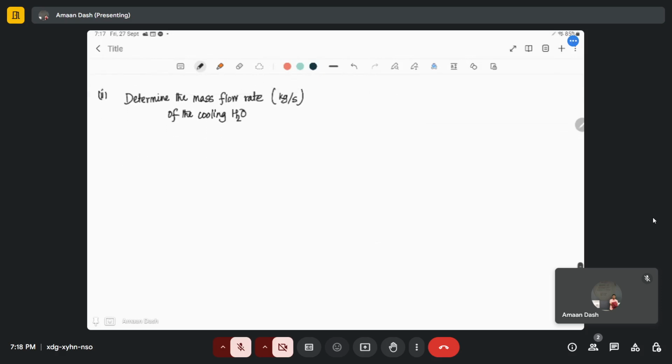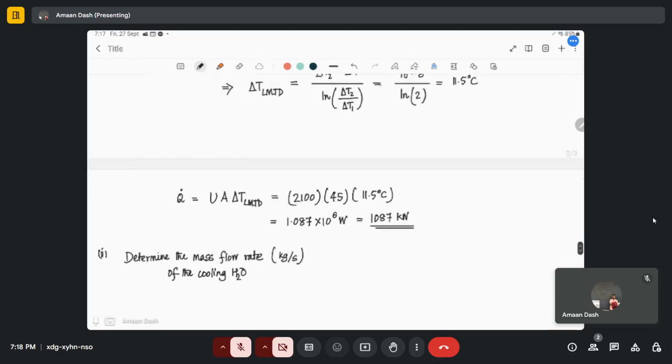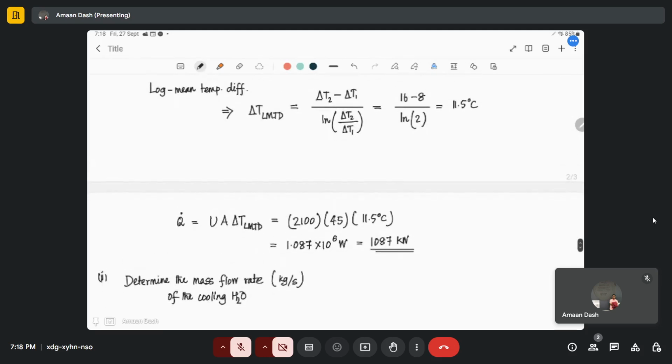You can try this and then we can discuss again. It's a little bit tricky, but it's easy. It's not very complicated, but just think how to do it.